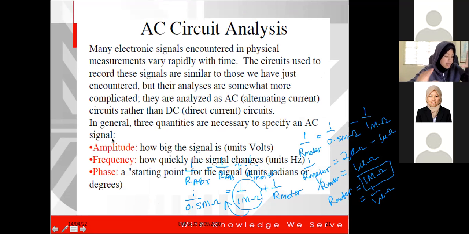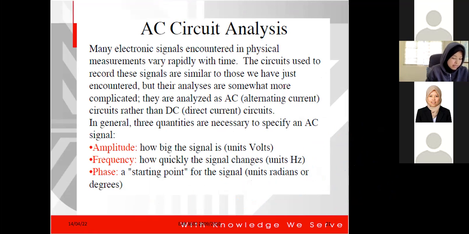Okay, let's move on to AC circuit analysis. So yang tadi tu semua adalah DC, direct current circuit analysis lah, secara basicnya. So kita dah freshen up our basic electronics, Ohm's law lah basically. Okay, AC circuit analysis pula, many electronic signals accounted in physical measurement vary very rapidly with time.